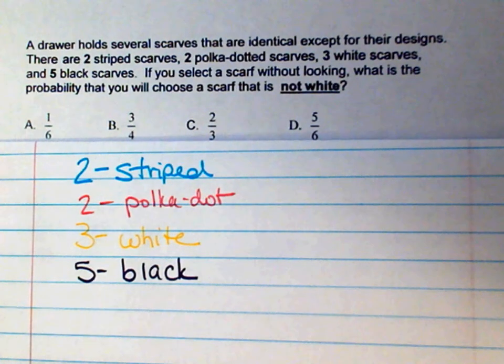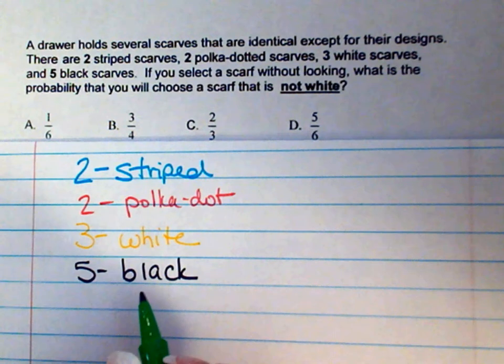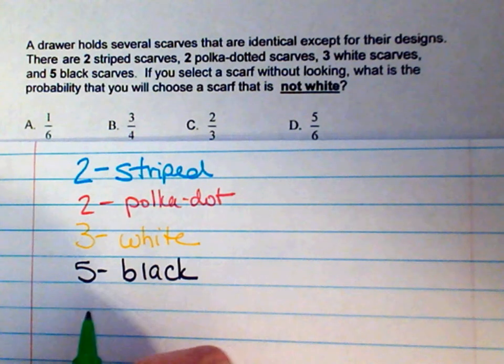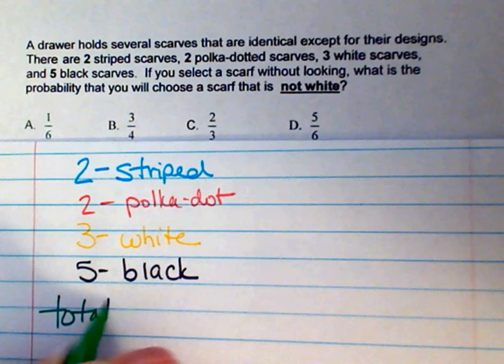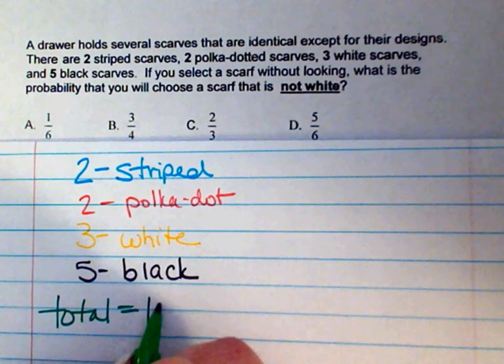Again, the first thing that we need to do is find out, well, how many total scarves are in the drawer for me to potentially pull out. So total, 5 plus 3 plus 2 plus 2 is 12.